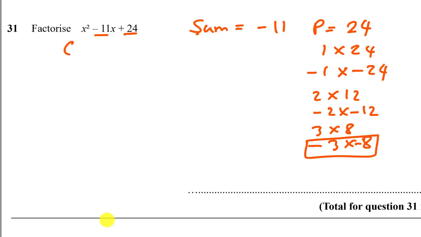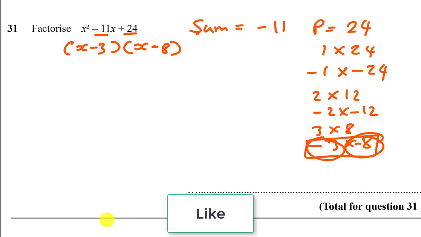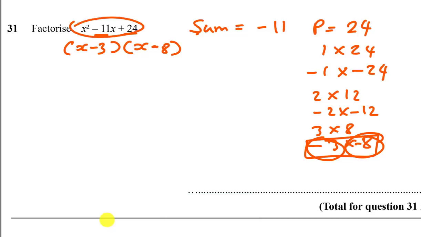So factorizing quadratics, we have double brackets. So write two sets of brackets with x in them, and our answer is x minus 3 and x minus 8. You can check your answer by expanding the brackets, and you should be getting this question here. So that's a good way to check your answer.